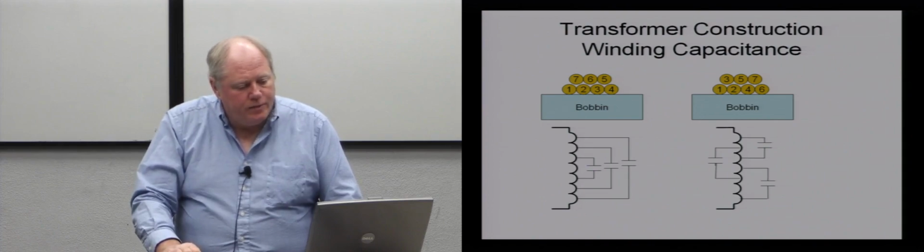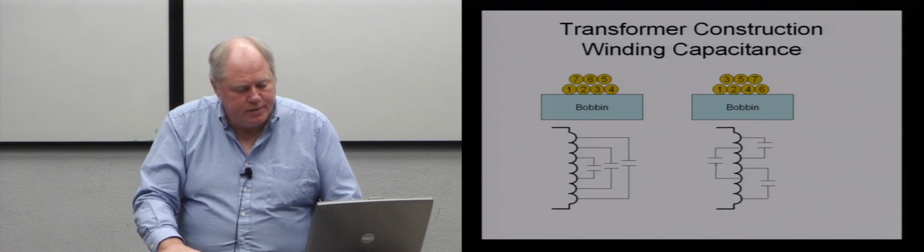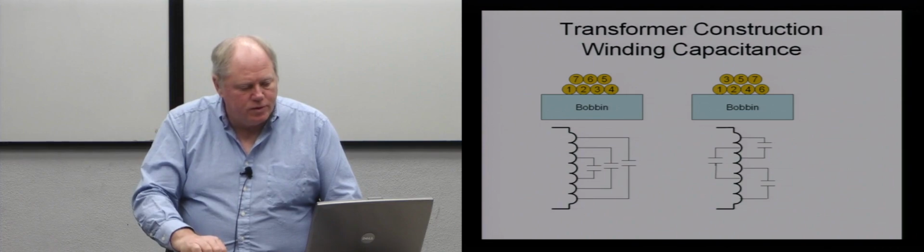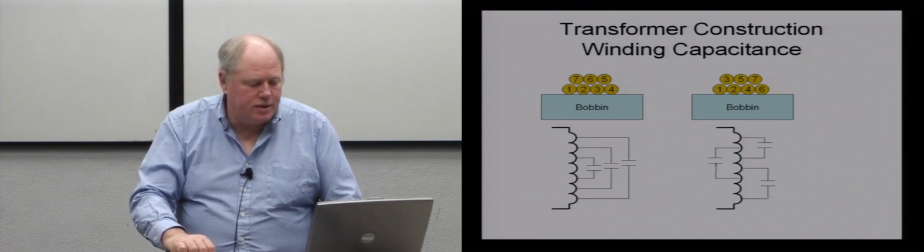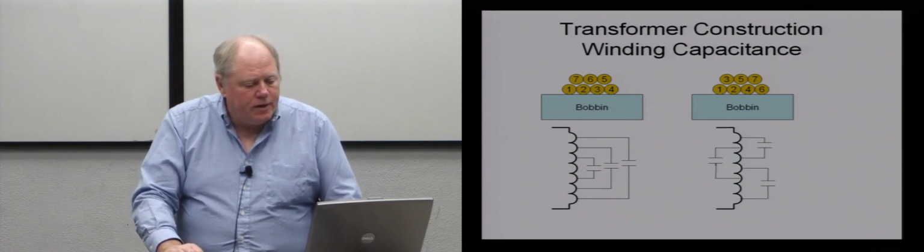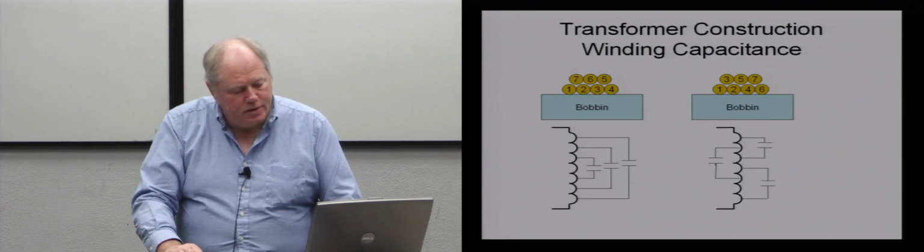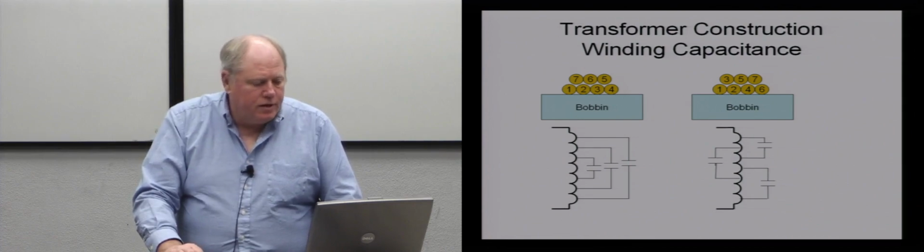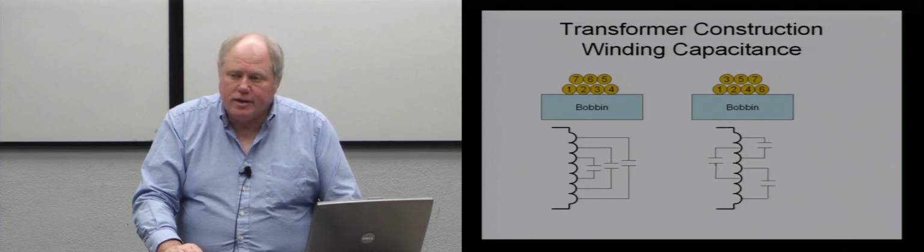If you think about it, each turn to another turn has some capacitance, but ignoring that and just looking at turns that are not adjacent to each other voltage-wise, you would have a circuit kind of like shown on the first one there, where turn 1 and turn 7 are very close to each other.